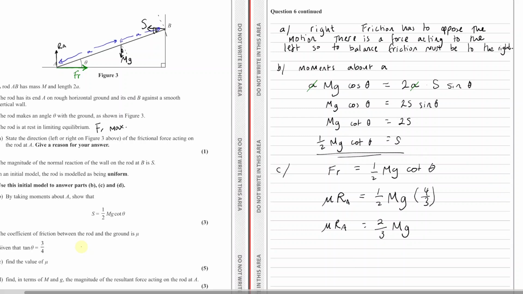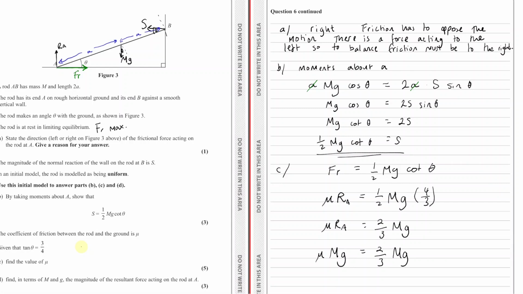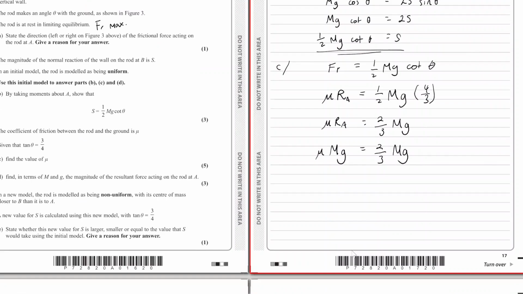Then we can also do forces up equal forces down and say that the reaction at A is mg. So it's mu times mg equals 2/3 of mg. And then let's just divide both sides by mg, and mu is equal to 2/3.